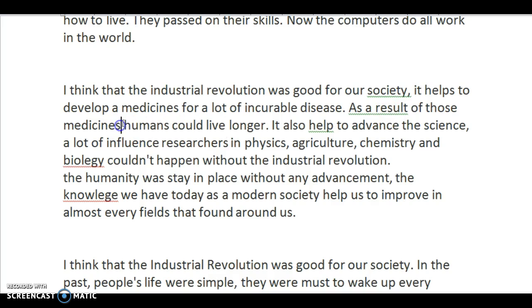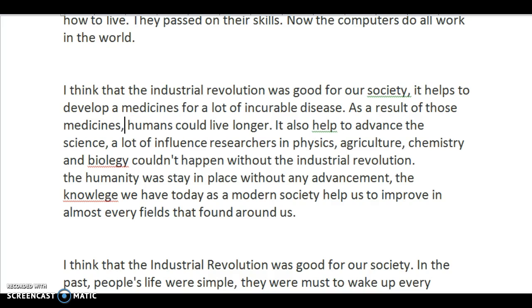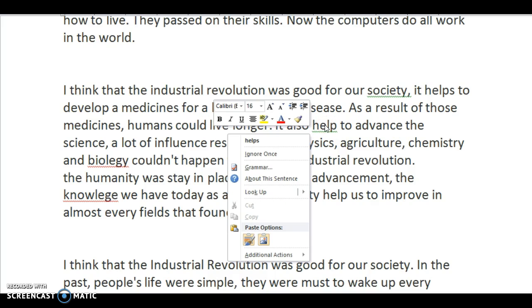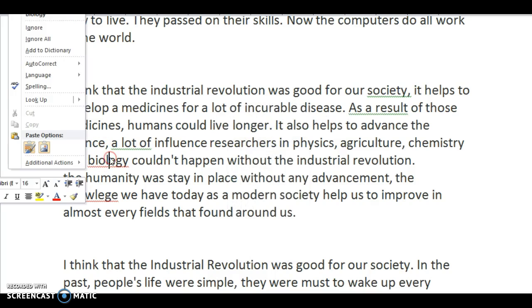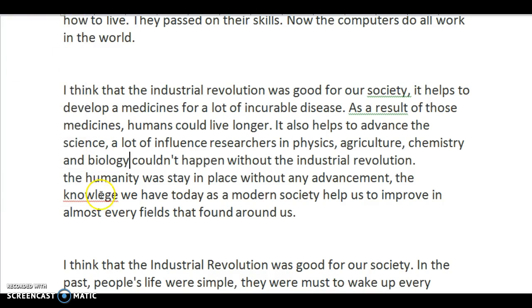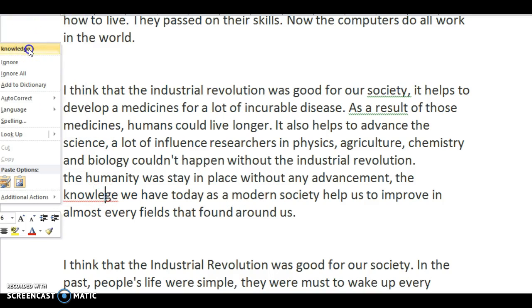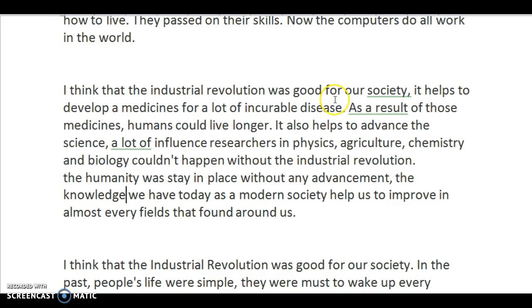Basically, what we need here is a comma, because it's two different ideas. As a result of those medicines, humans live longer. It also helped to advance. It also helps to advance. We've got biology here. We've got knowledge.